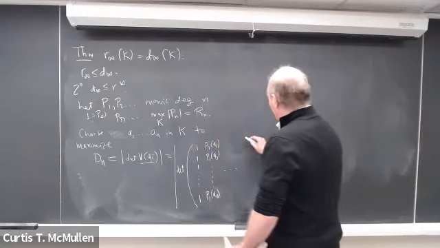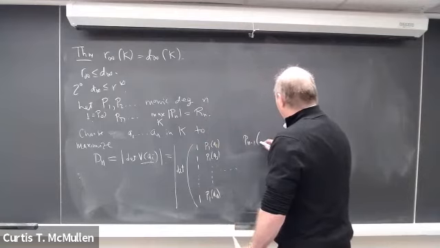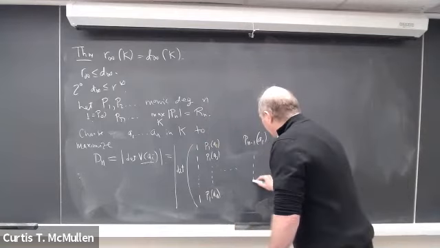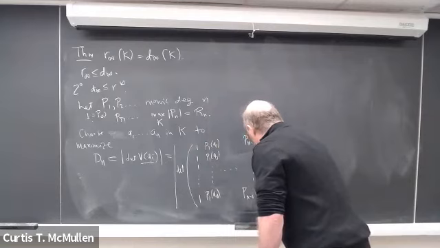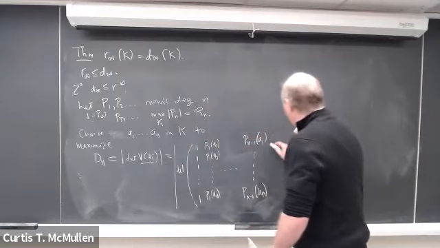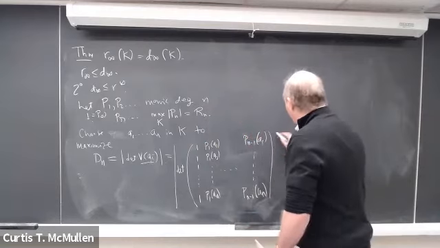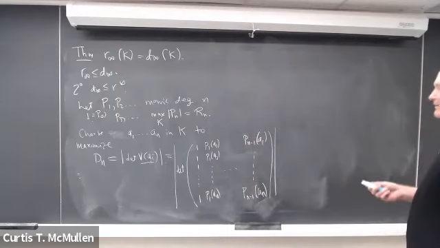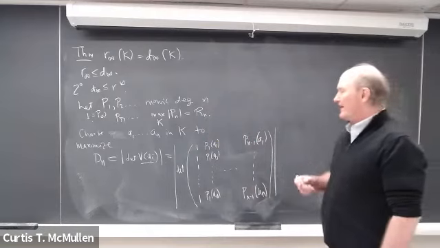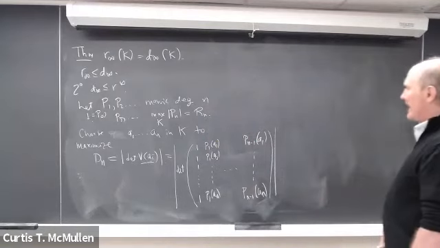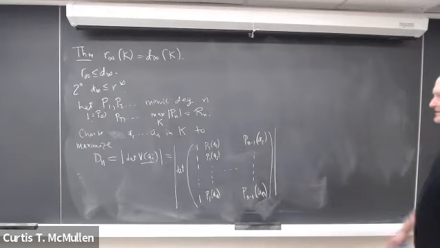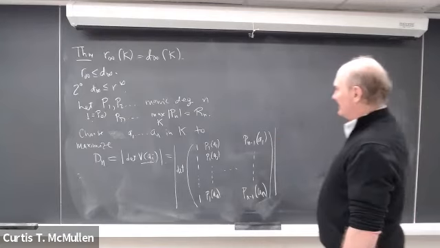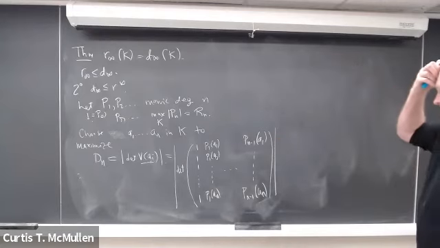And then at the end, we have P_{n-1} of a_1 down to P_{n-1} of a_n. So we use this beautiful fact that the Vandermonde determinant can be computed using any sequence of monic polynomials. They don't have to be the monomial z to the j. And we choose those to be the ones that enter in the definition of the conformal radius.